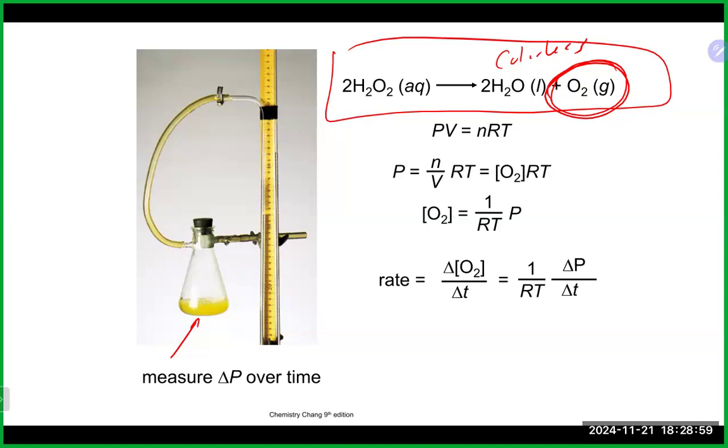And we could do that by using our ideal gas law, which is PV equals nRT, which we know that is atmospheres, that is liters, that is moles. That obviously is our gas constant and our temperature in Kelvin.